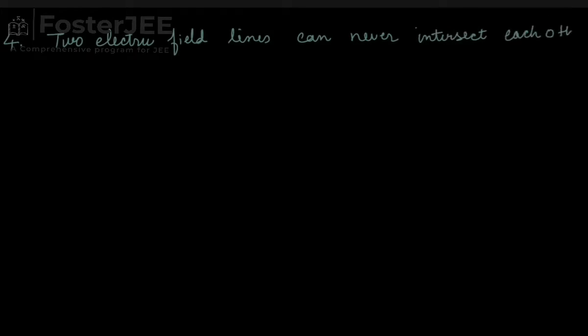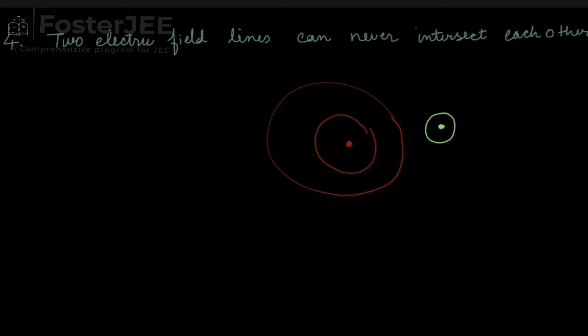Coming to our fourth point, two electric field lines can never intersect each other. Now, suppose we have one charge and it has created some electric field lines around it. Now we take up another charge. It also has some electric field around it.